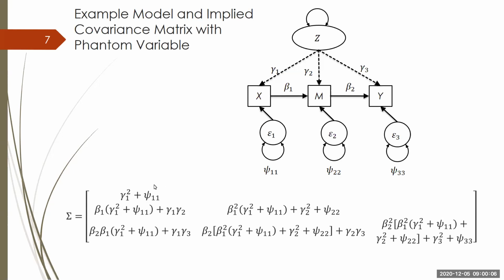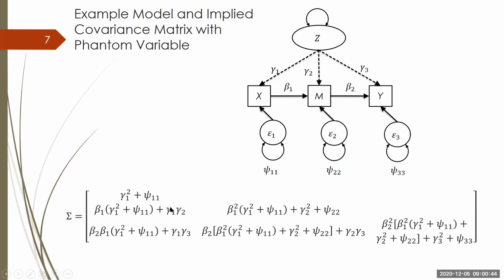Now you can see that the relationship between x and m is no longer just a function of beta 1 variance of x. Now we have beta 1, and then we have the square of the effect of z on x plus the error variance here.